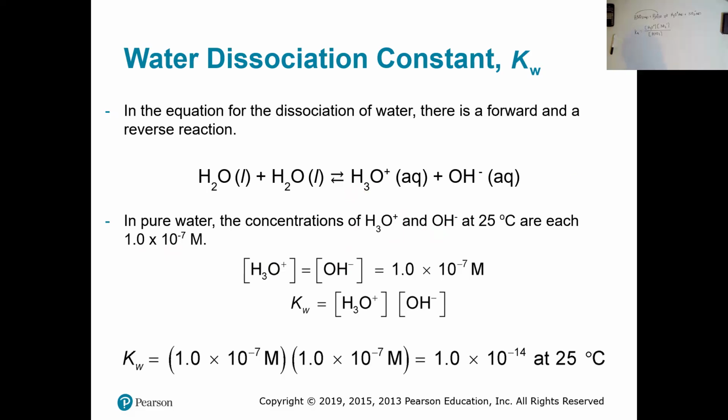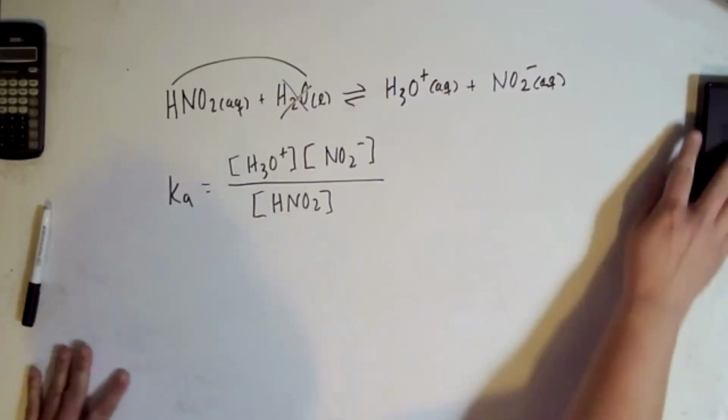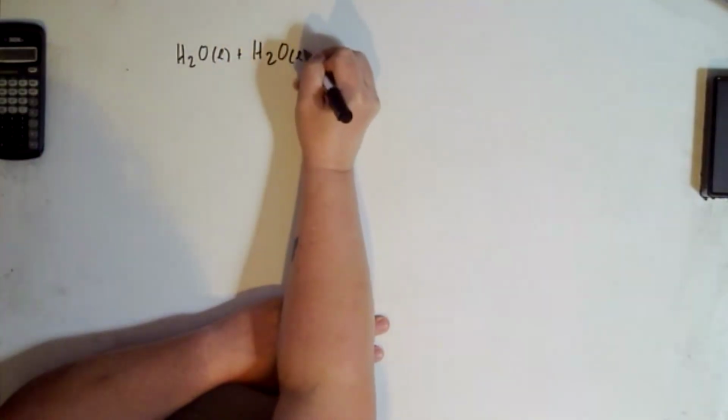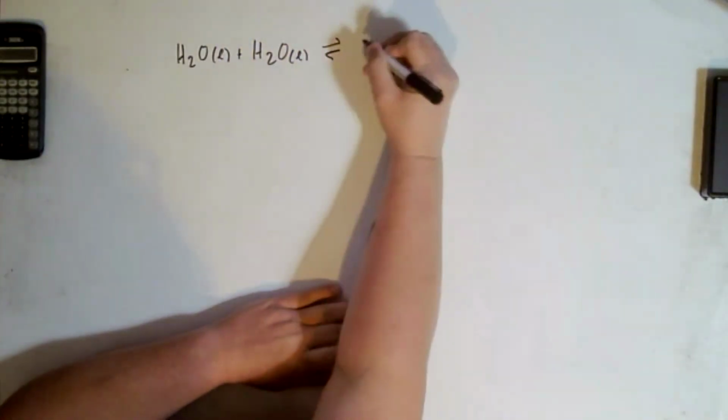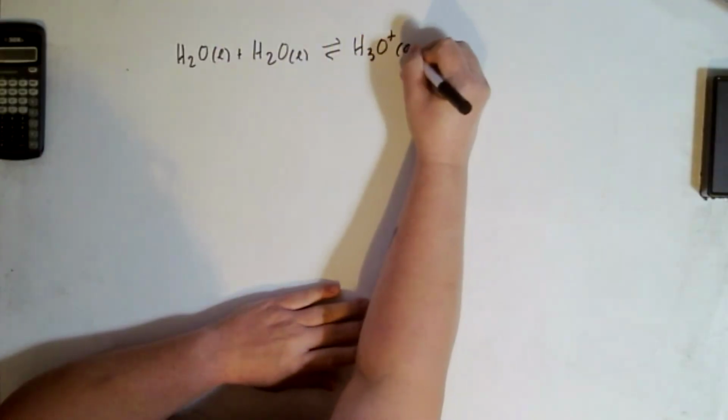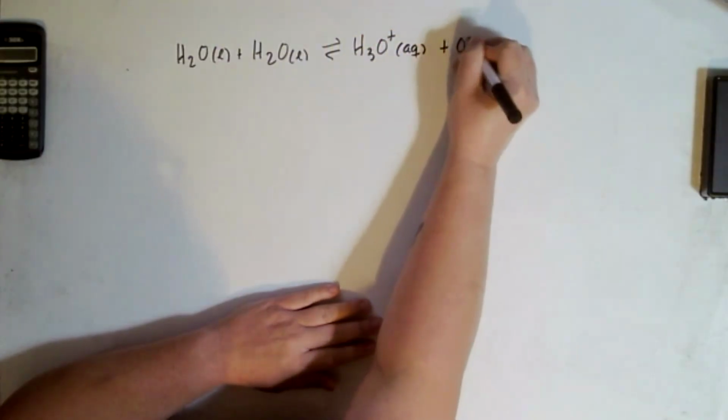an equilibrium constant expression for our water. Let's take a look. I'm going to write this on the board so that you could see it kind of come together instead of looking at the finished product on the board. So when we look at our reaction that they've given us here, H2O liquid plus H2O liquid gives us H3O plus and OH minus.